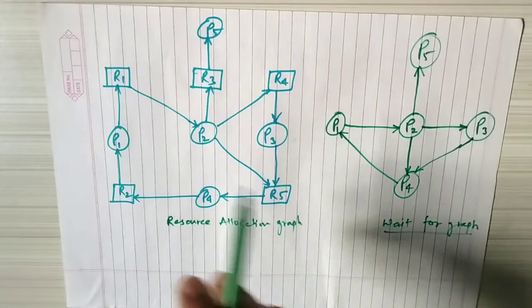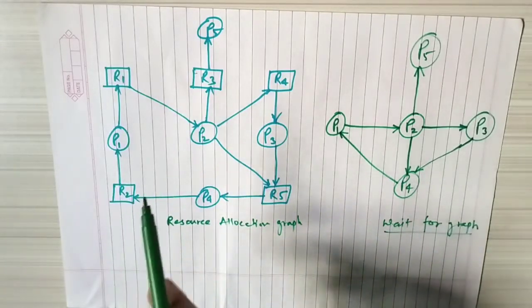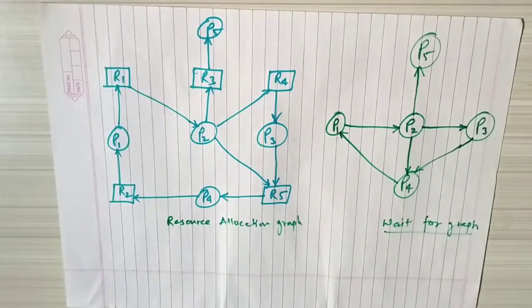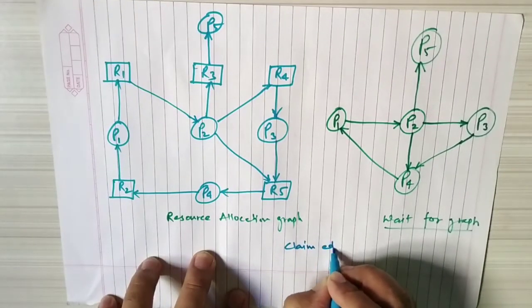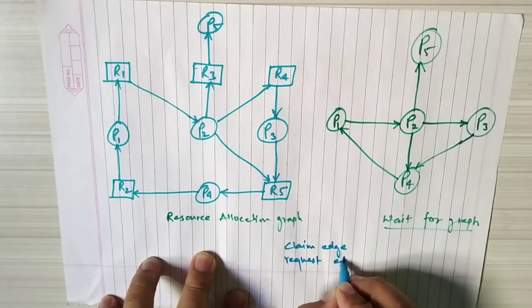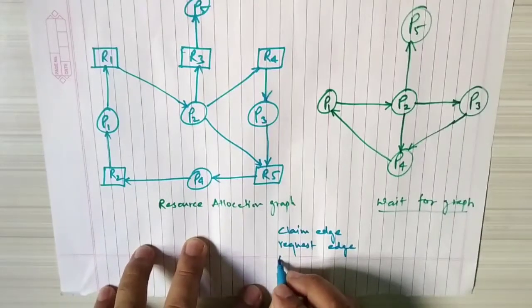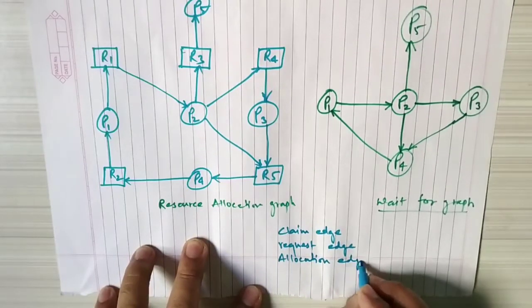Again, I'm just revising what we have to do. We have to remove the edges. We know that we have different kinds of edges. One is the claim edge, second is the request edge, and the third is the allocation edge.